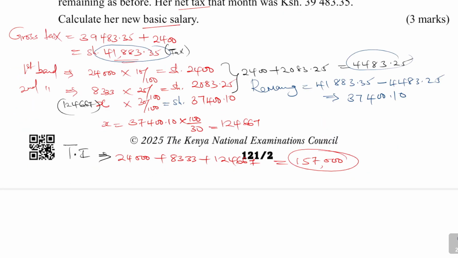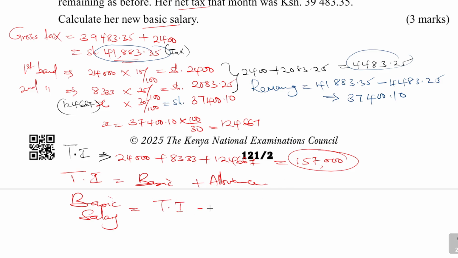The taxable income will help us get the basic salary, because taxable income is obtained by taking the basic salary plus all the allowances. So the basic salary is given by taking the taxable income, which is 157,000, and subtracting the allowances.